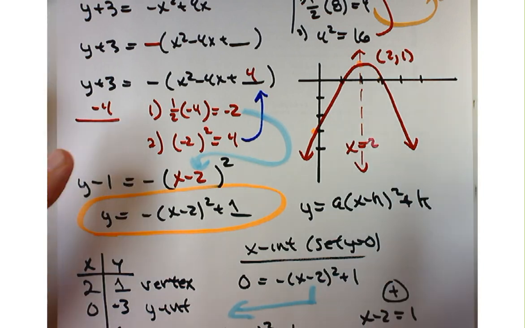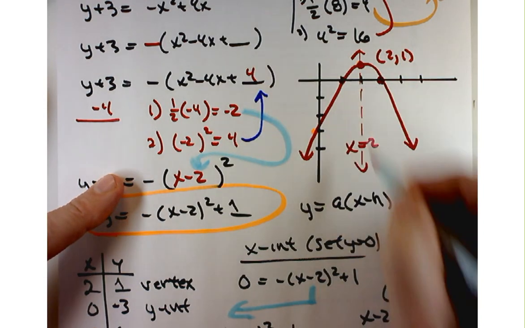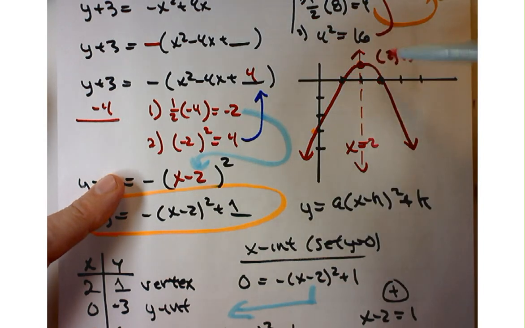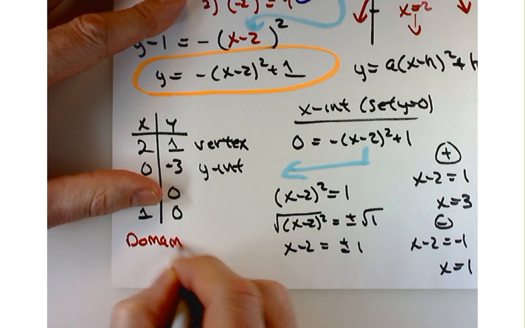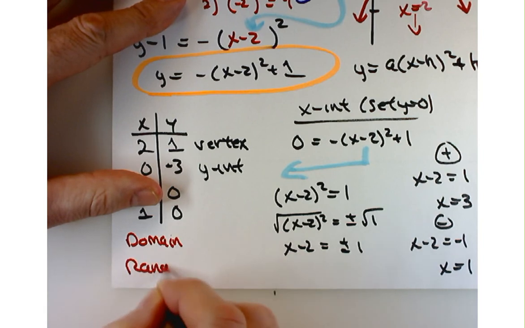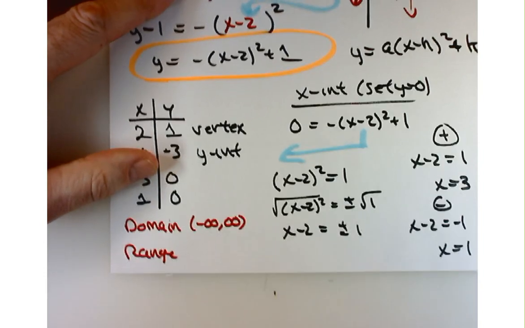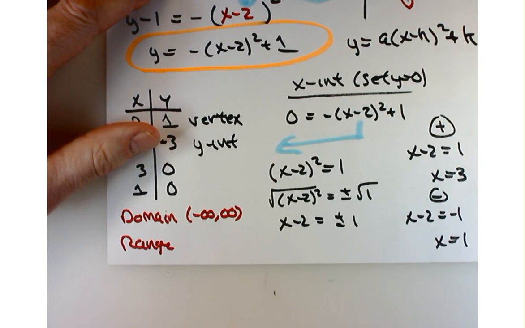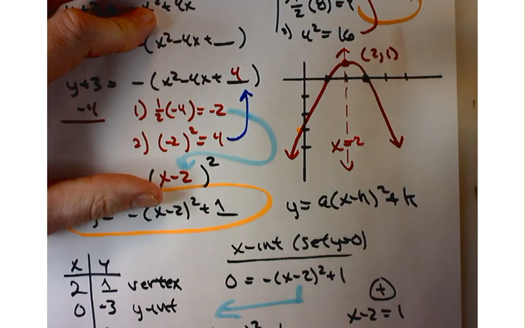So let's finish this up with one last idea, which is your domain and range. So what's our domain? Negative infinity to infinity. Awesome, thanks Nate. And Ben, online, what's the range? Lowest to highest.